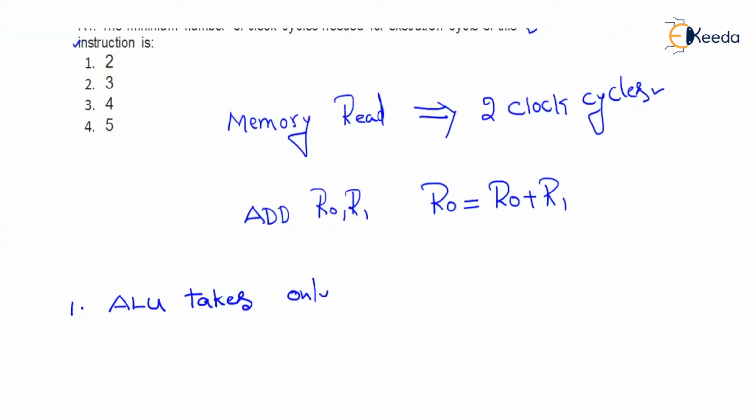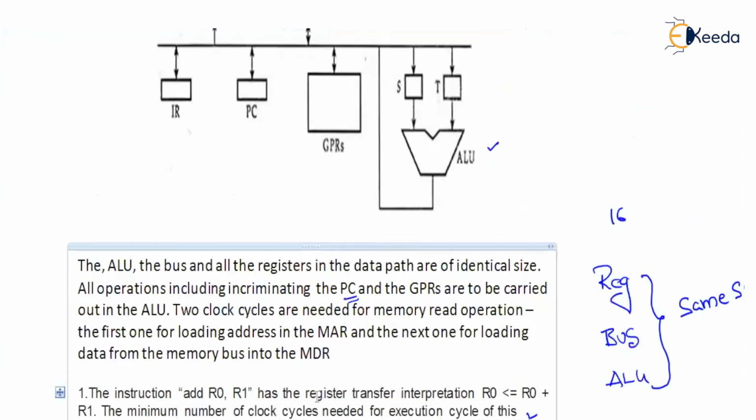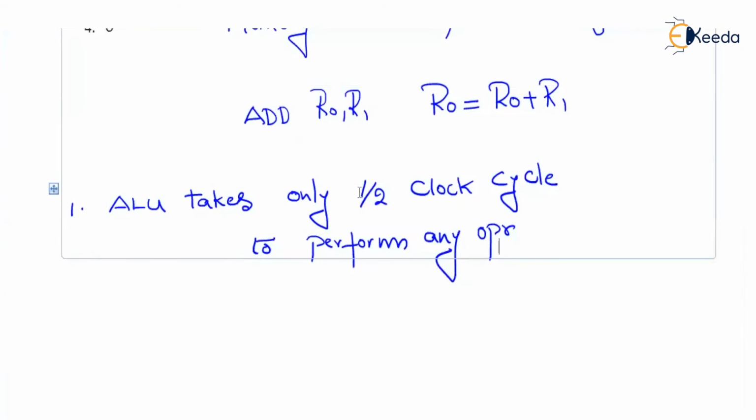only half a clock cycle to perform any operation. Either you add or you subtract, the ALU will take a maximum of half a clock cycle.